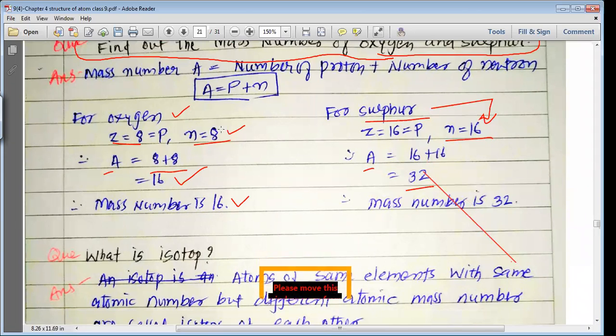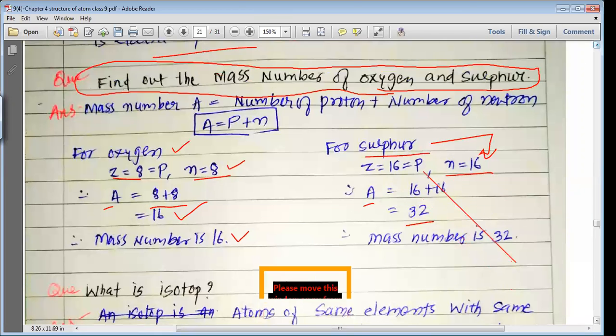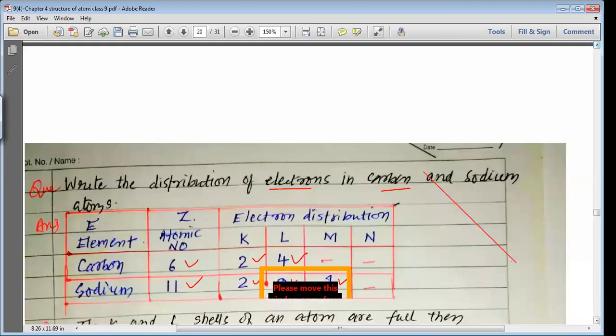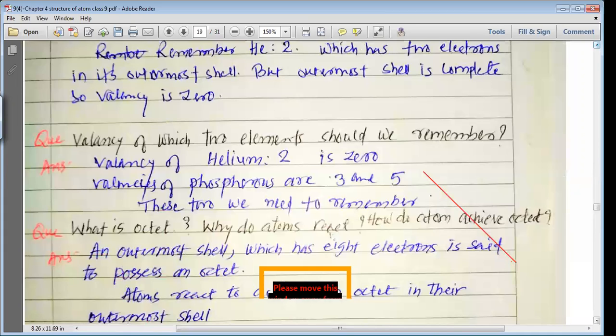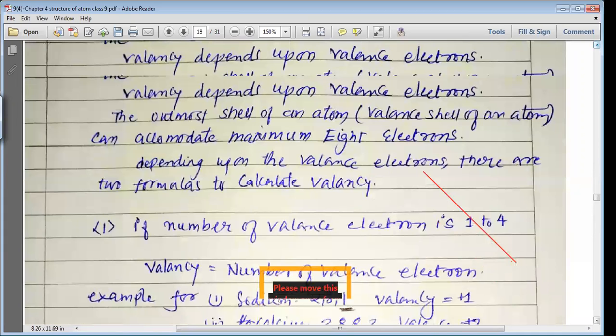Now you may think, sir, from where did you take this number of neutrons and protons? My dear students, we have already studied all these elements, and I have shown you all the pictures, and from those pictures we have taken this data.